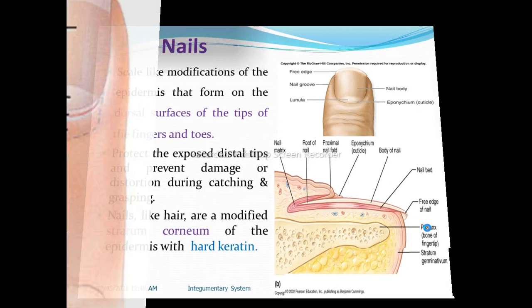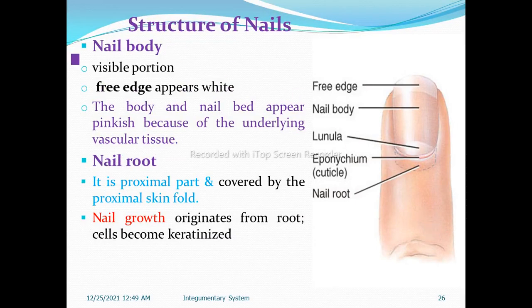So the structure of the nail has the nail body, free edge, and nail root. The nail body is the visible portion. The free edge appears white. The body and the nail bed appear pinkish because of the underlying vascular tissue.